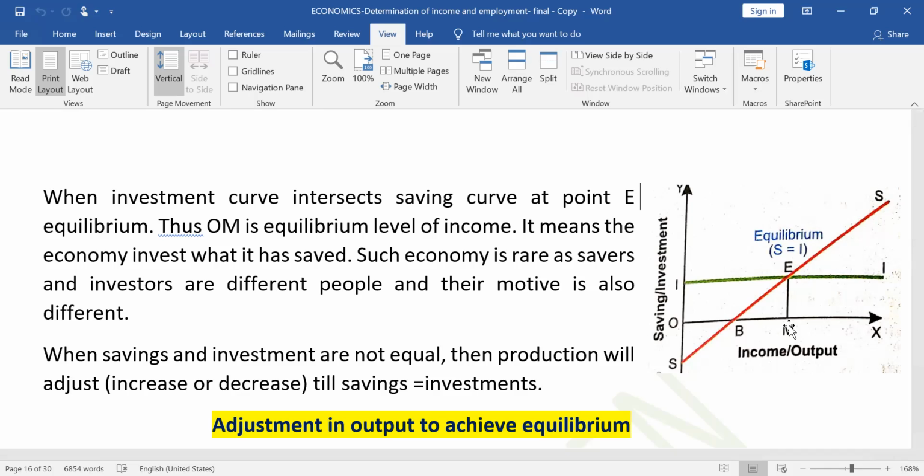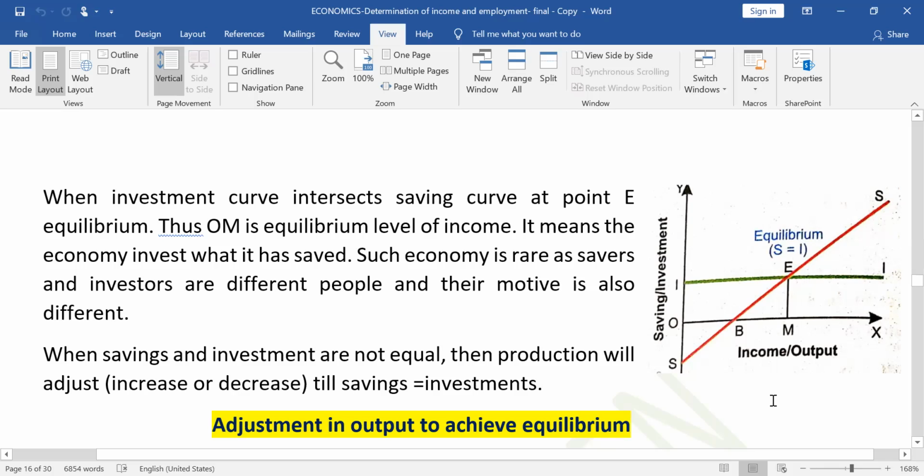This is an ideal situation which an economy wants to maintain. But this situation is rarely seen in the economy because the investors and savers are different people. They are not the same people.